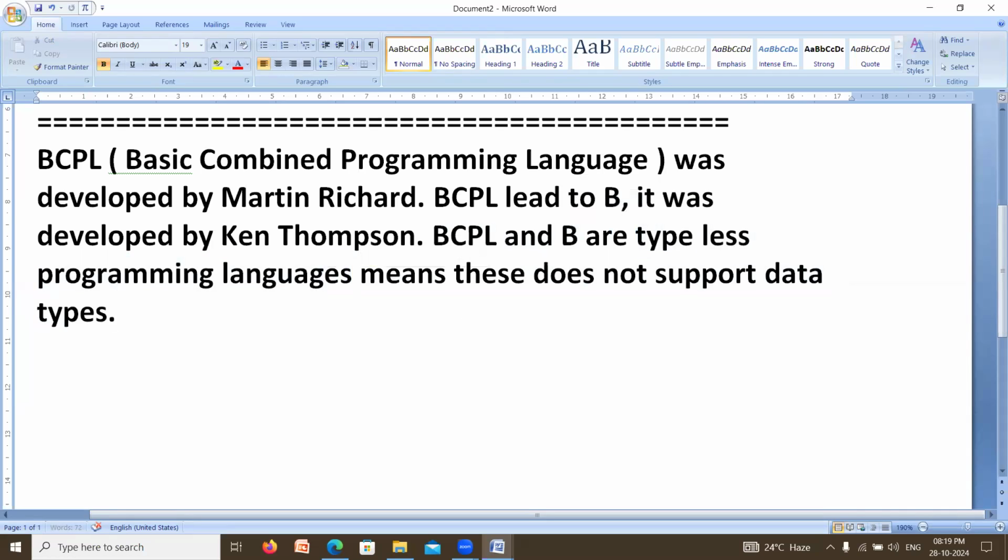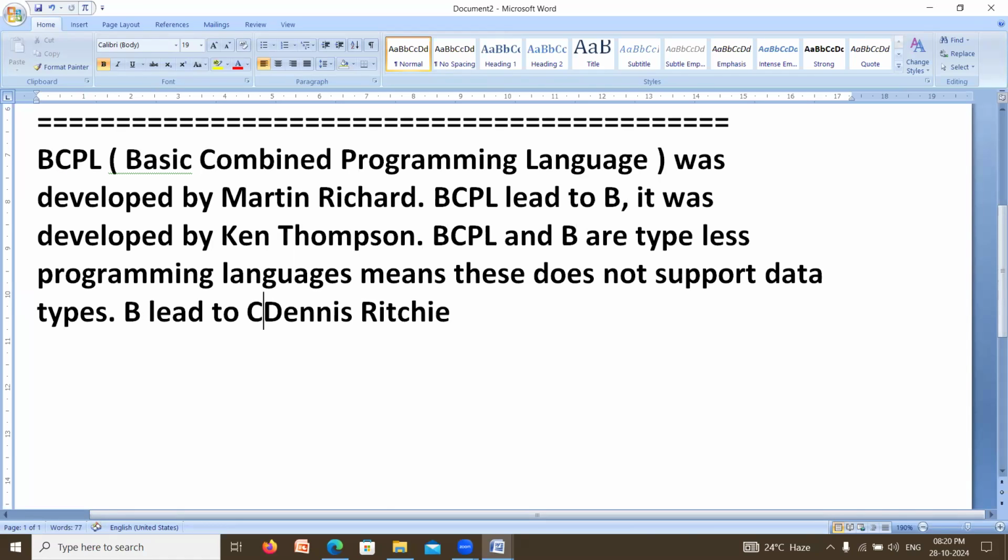Now there is a person, his name is Dennis Ritchie. He wanted to develop a programming language and introduce data types also. So he developed one more programming language and named it after the second letter of BCPL. It is called C. So from B, C language was developed.